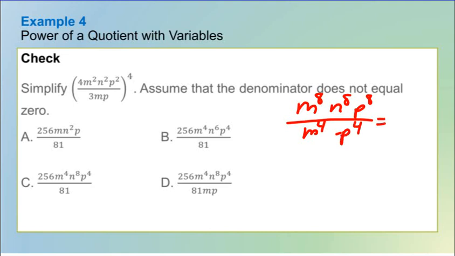And when you simplify it, that would give you m to the 4th, n to the 8th, p to the 4th. And the one that gives us those with 256 on top and 81 on the bottom would be letter B.